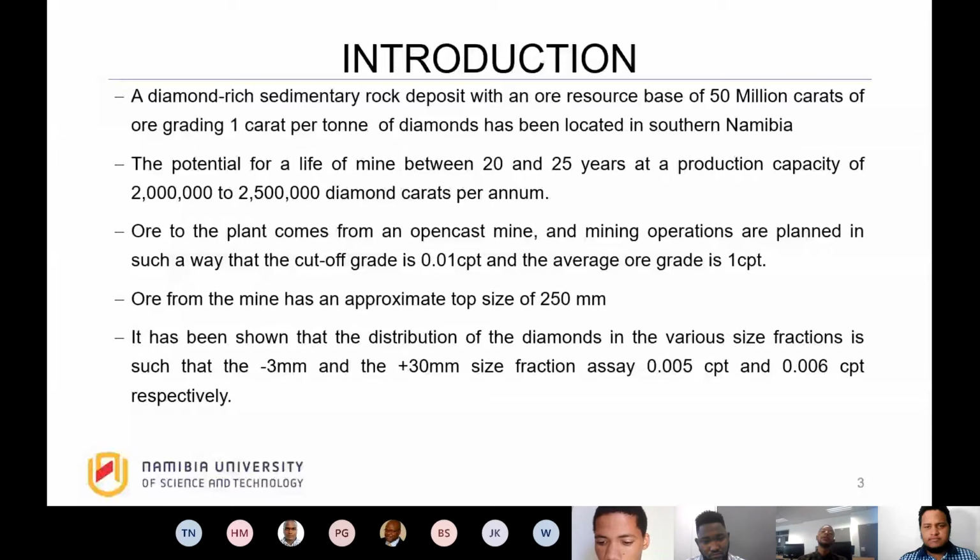The blasting pattern of the mine is such that the largest particle size is 250 millimeters. It has been shown that the diamond grade varies with size fractions in the range of -3 millimeters and 30 millimeters, at about 0.005 and 0.006.